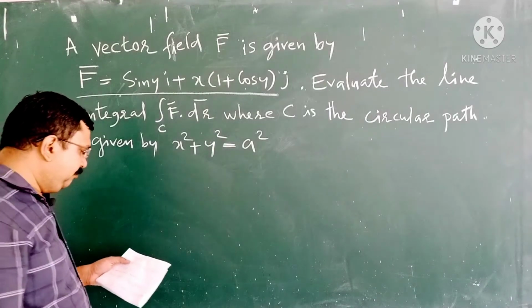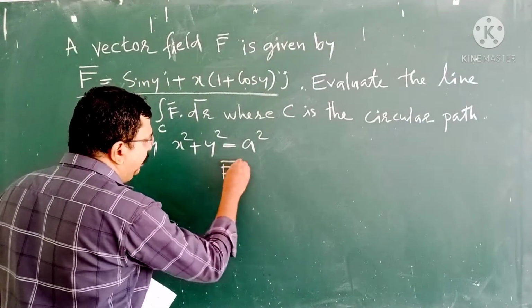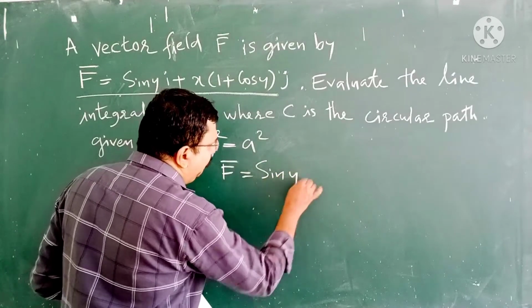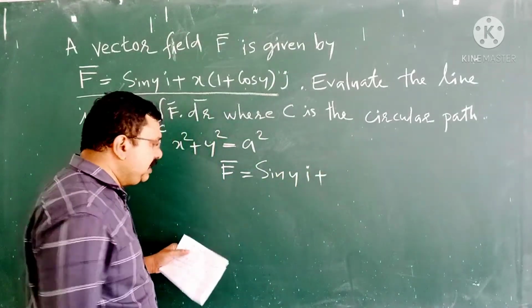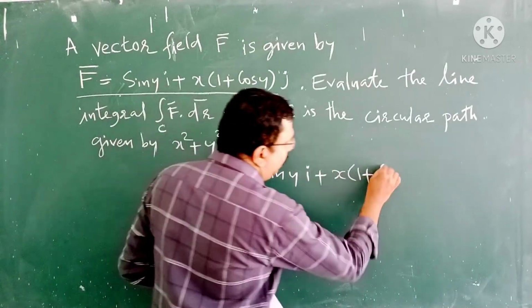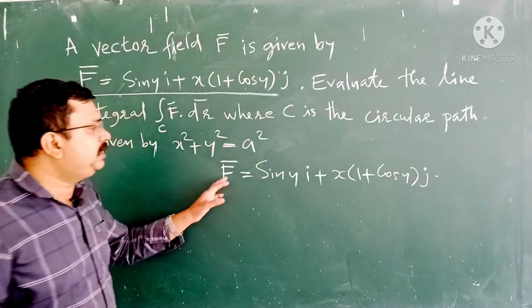Okay, we can do it. First, what is our F? It is given that vector F equals sin y i plus x into 1 plus cos y j. This is given in the question paper.